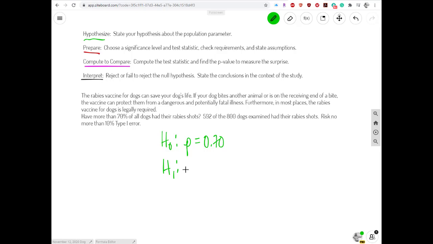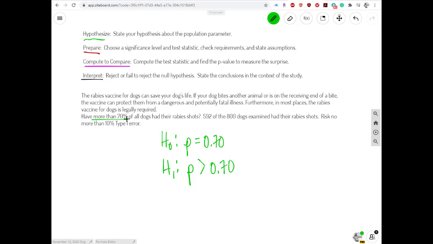So my alternate hypothesis is going to be P greater than 0.70. And this greater than comes from the word more in more than 70% of the dogs. So that would be the first part of this problem, writing down the hypotheses.